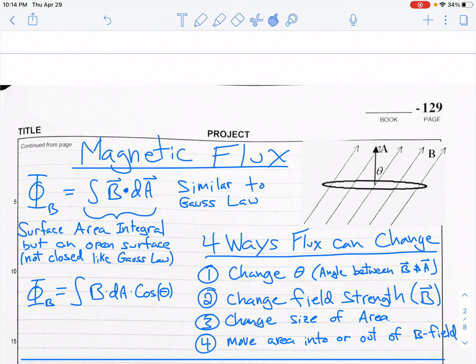All right, welcome back. Gonna hit the last example for this portion of the notes. Remember, we were looking at examples of how to apply Faraday's law to a variety of situations where magnetic flux changes.